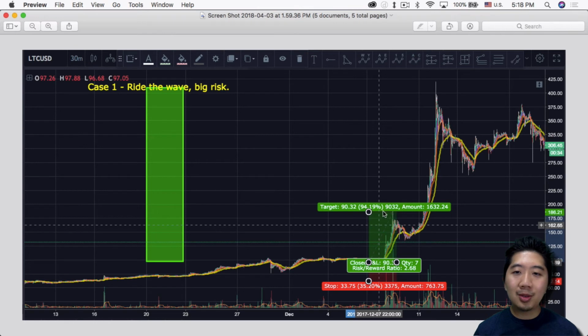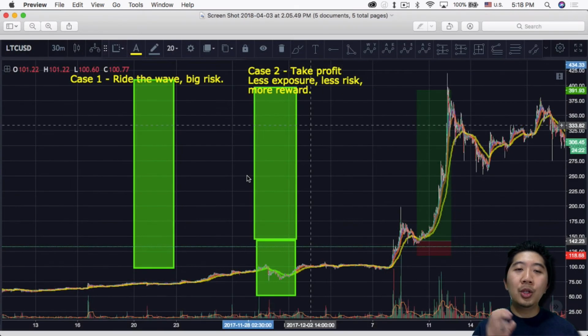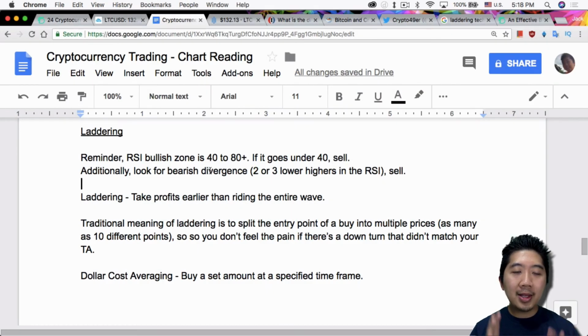So you take a 94% profit, and then you buy back in when it dips and gain 175%. Essentially you end up taking profit and having less exposure, less risk, and more reward, because you can see that the 2 profits together are actually larger than case 1. So that is the idea with laddering, at least from his point of view.